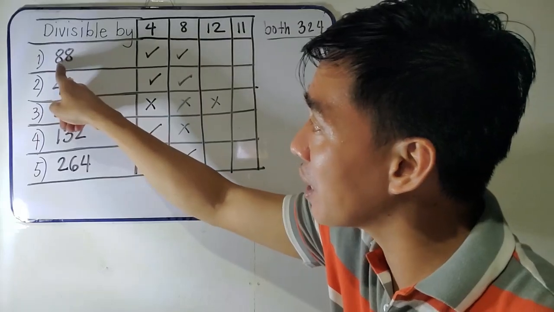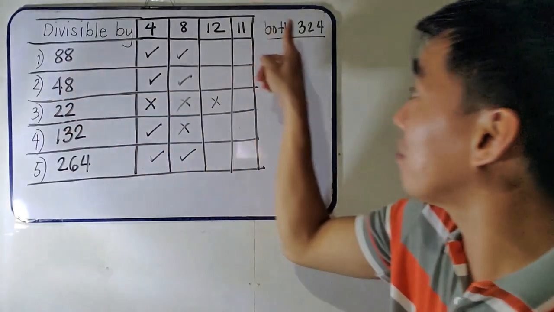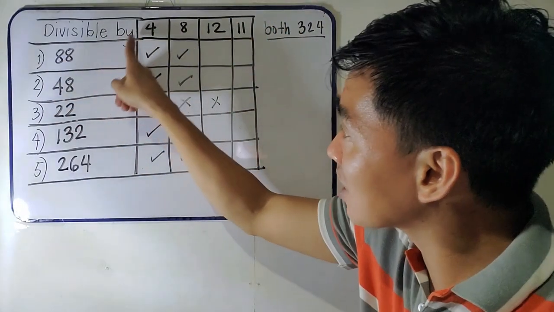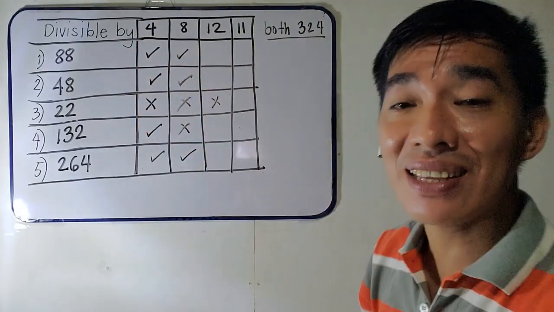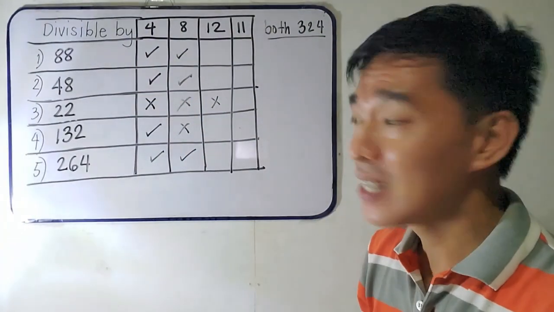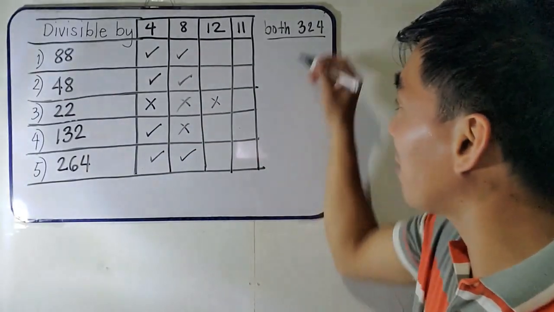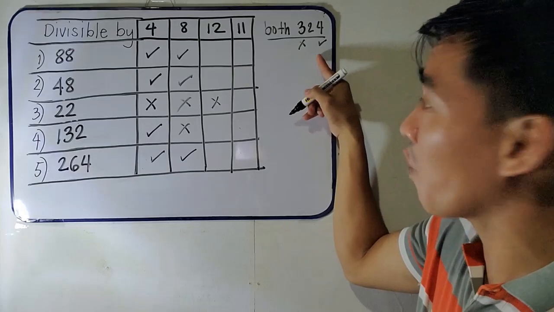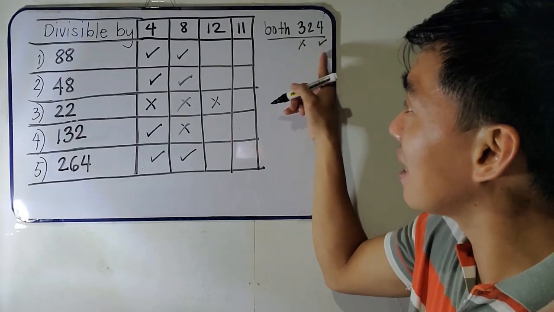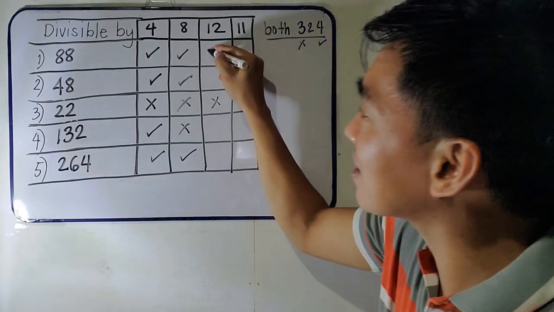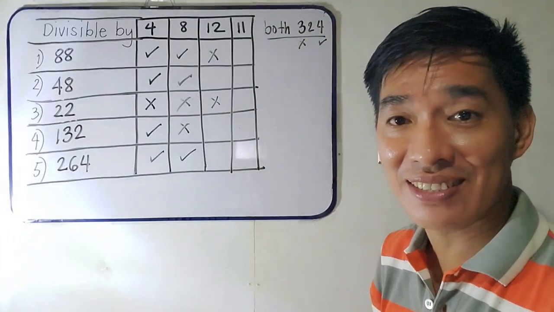The fact that it is already divisible by 4, if the sum of its digits is divisible by 3, then automatically that would be divisible by 12. So 8 plus 8, that's 16. That's not divisible by 3, but that's divisible by 4. Therefore, because it's not divisible by both, that's not divisible by 12.